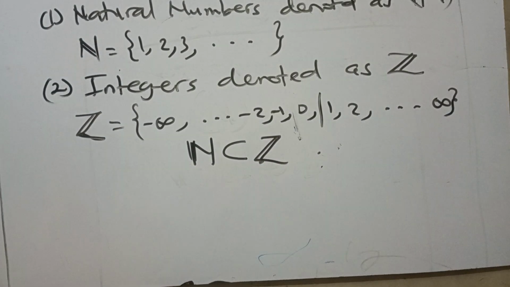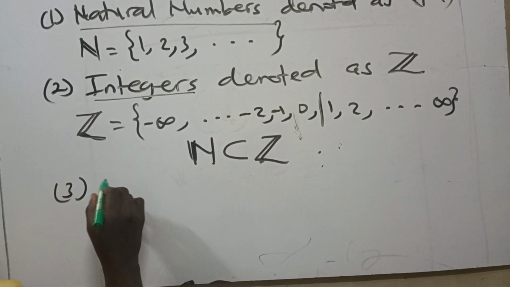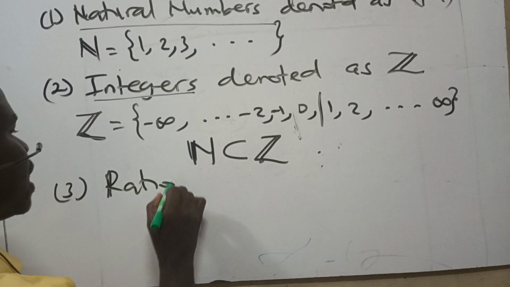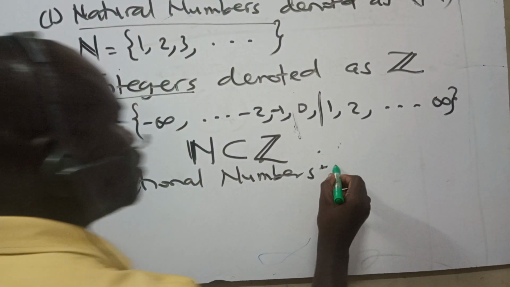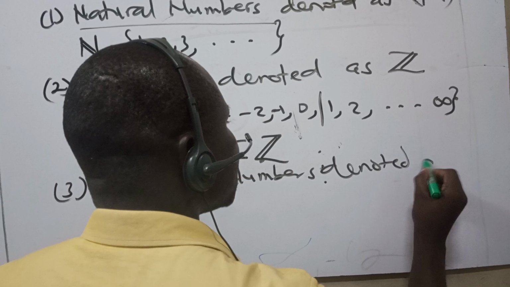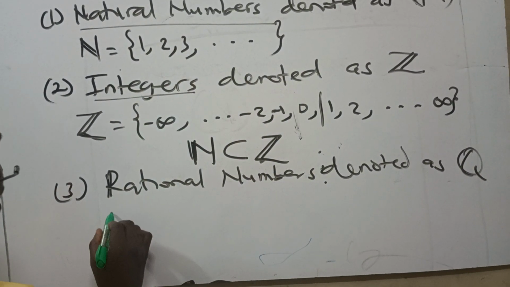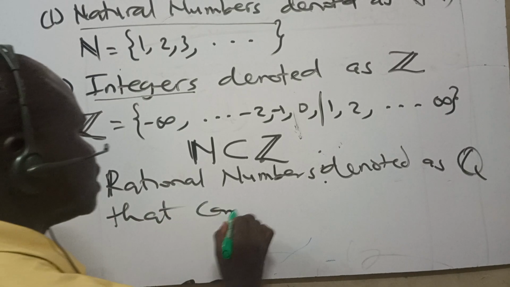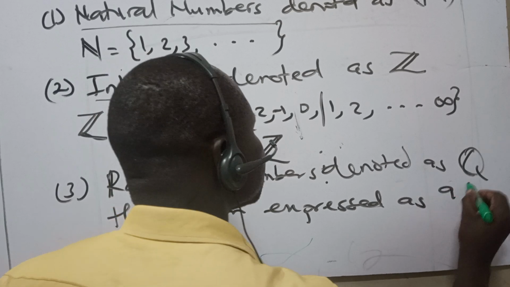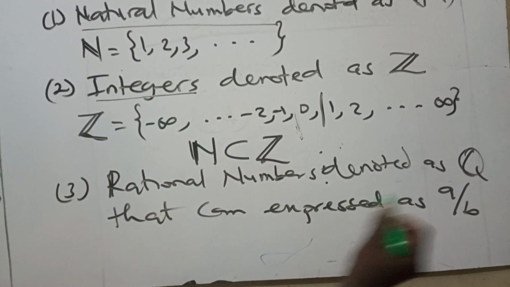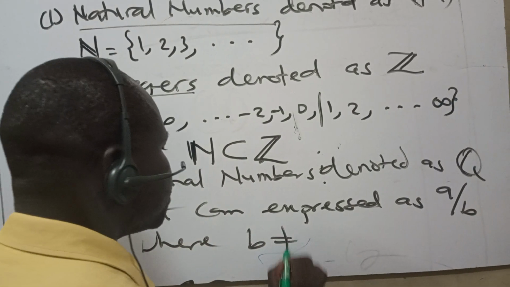Then the third set of numbers are called the rational numbers, denoted as Q. These are numbers that can be expressed as a fraction, A over B, where B must not be equal to 0.